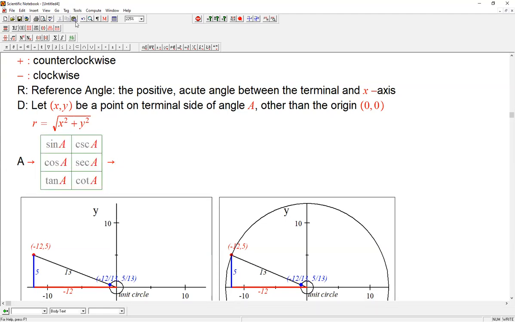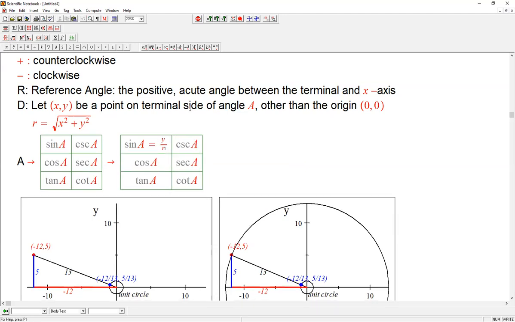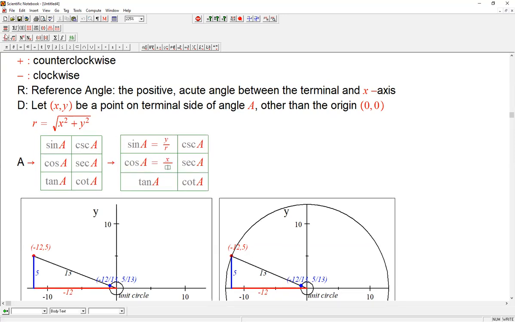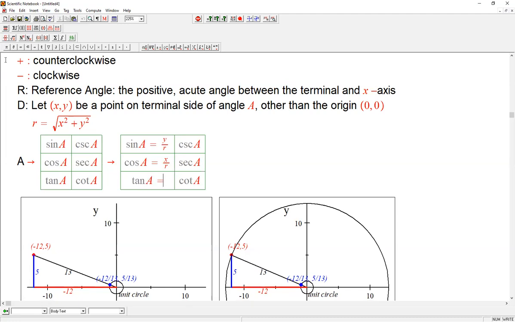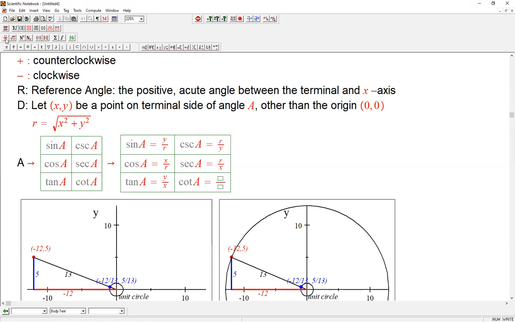Sine of A is equal to Y over R. Cosine A is X over R. And tangent A is Y over X. Cosecant, secant, and cotangent are just reciprocals of the functions to the left: R over Y, R over X, and X over Y. So this is ARD.